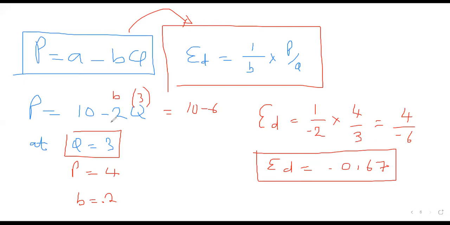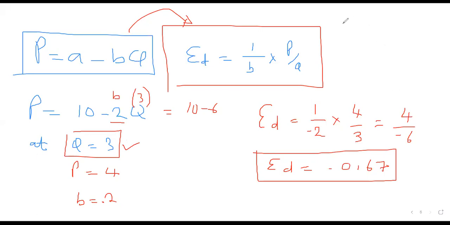The B is 2. And what is our P? Since we're given the Q as 3, we substitute the 3 in there to get 6. 10 minus 6 is equal to 4. So when we substitute in this formula here, we're going to have our elasticity of demand as negative 0.67.